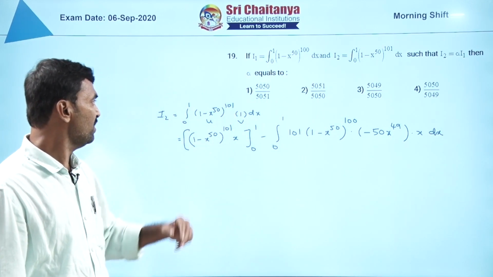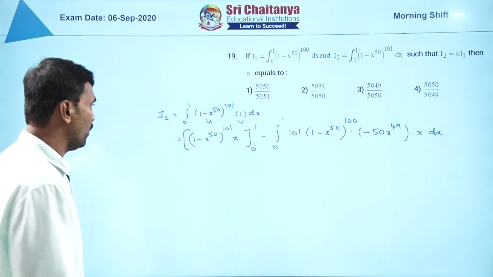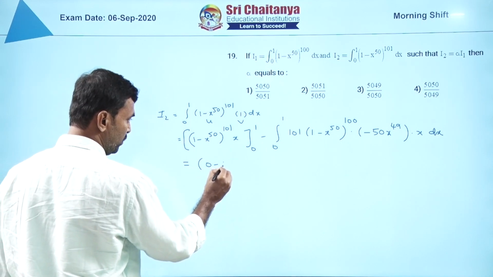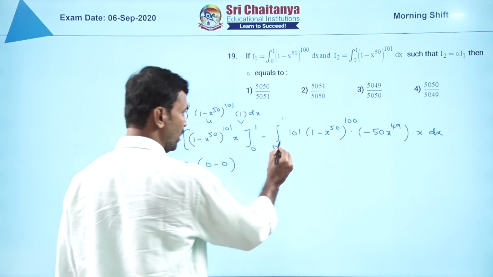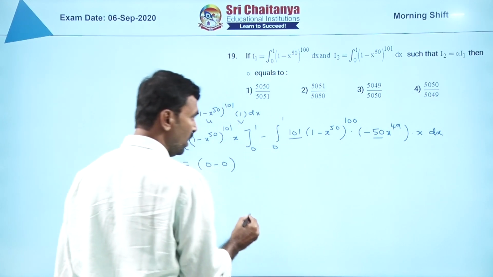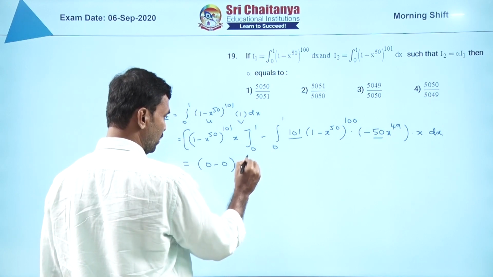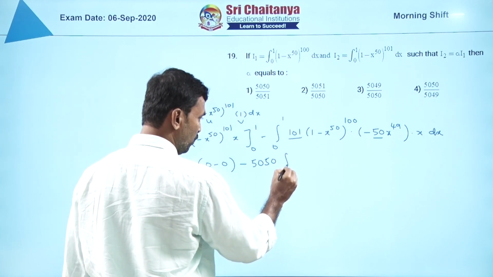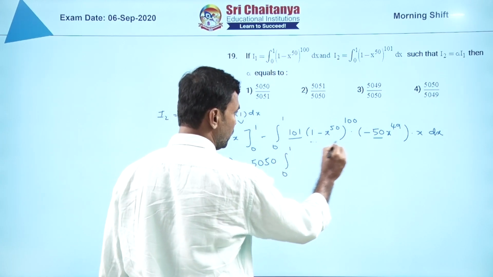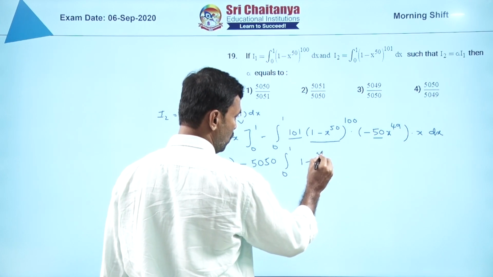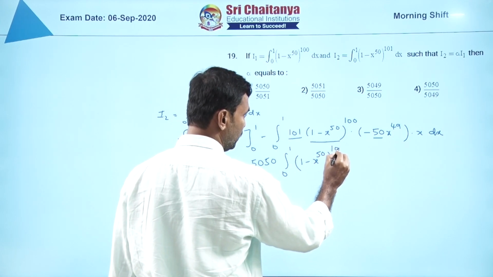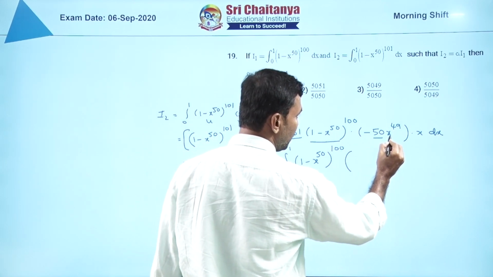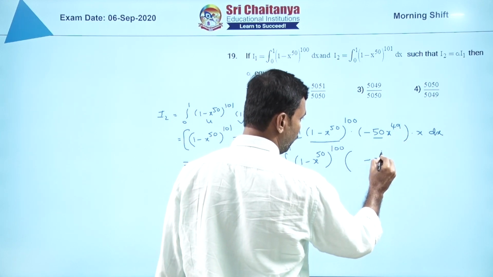After applying by parts, we are getting this step. Now, I am simplifying further. When I apply the limits to the first term, I will get 0 minus 0. In the second term, multiplying 101 and 50, I am getting 5050, times integral 0 to 1 of (1 minus x power 50) whole power 100 as it is, and minus x power 49 into x is minus x power 50.